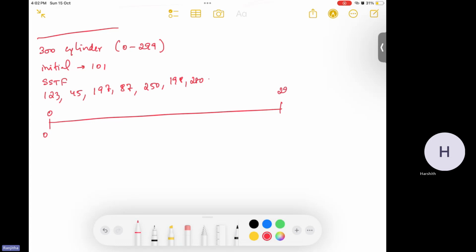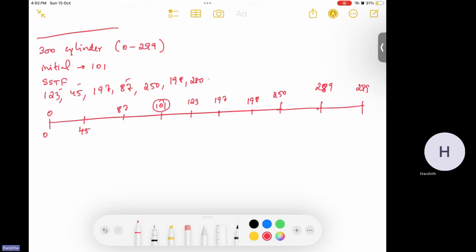Okay, 0 and 299. So we have 45, 87, 101, 123, 197, 198, 250, 280, and 299.